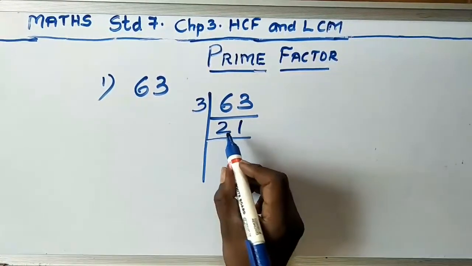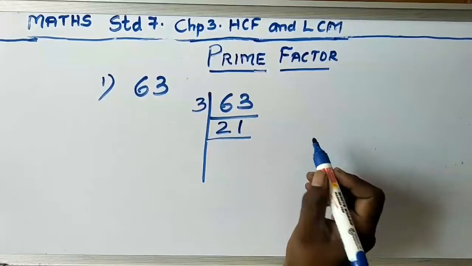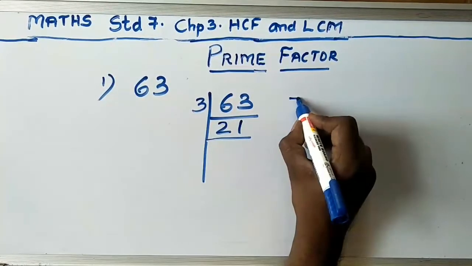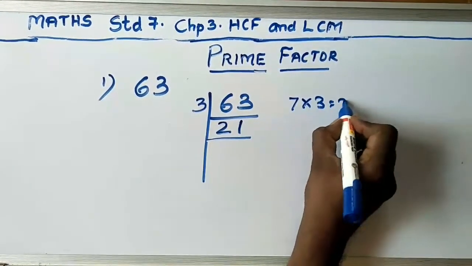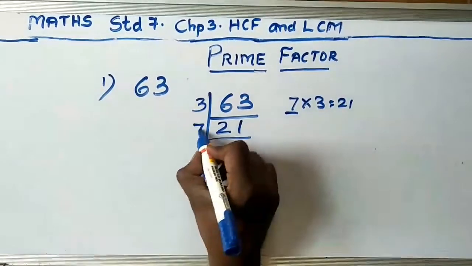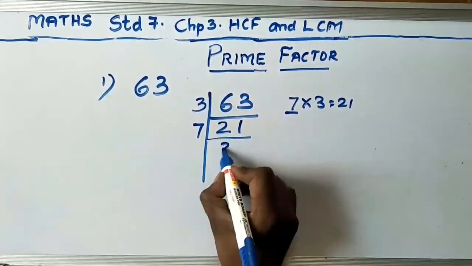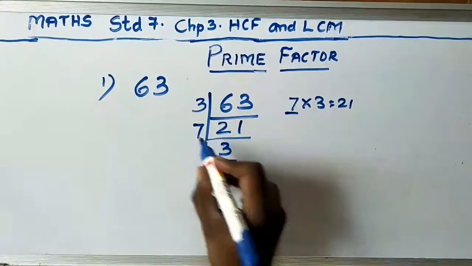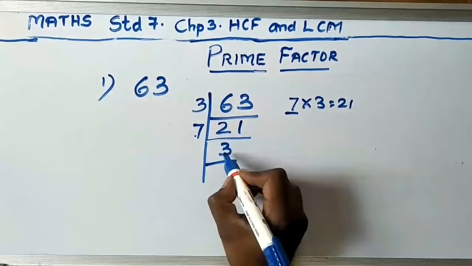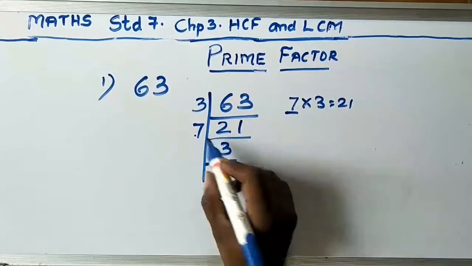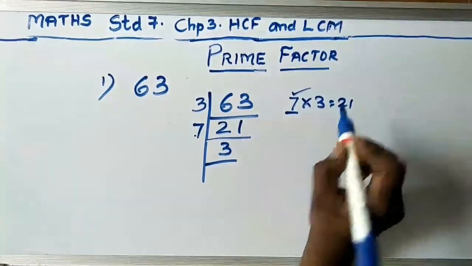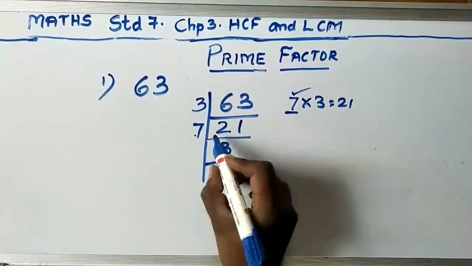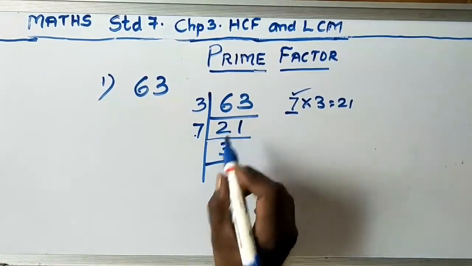It becomes 21. 21 goes in 7 table as well as 3 table. That is 7 threes are 21. If I write here 7, then write 3 here. If I write here 3, then write 7 here. So you can take any number. 7 is also a prime number. Then 7 threes are 21.